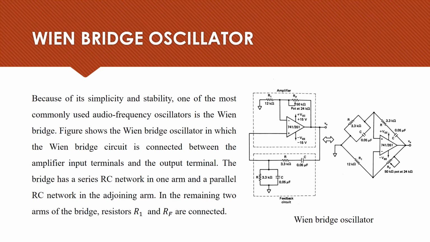In the remaining two arms of the bridge, resistances R1 and RF are connected. So here we are having the op amp. So this is R1, this is RF, this is the series RC network, and this is the parallel RC network of the Wien bridge. These are two equivalent configurations of this oscillator.